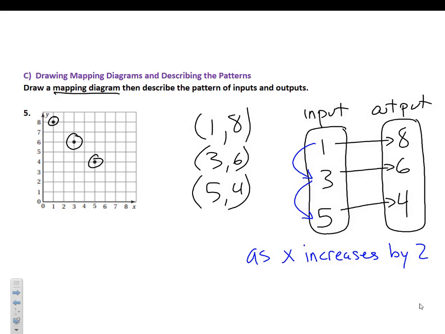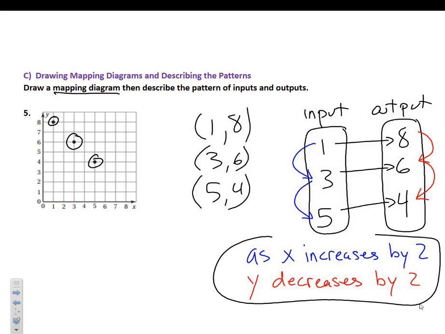Of course, our output is y. And we're going from 8 to 6, from 6 to 4. So that means it's going down by 2. So as x increases by 2, y decreases by 2. So that, ladies and gentlemen, is the description. That's describing what is happening between our inputs and our outputs. Make sense? All right, write that down, and then join me for our next one.